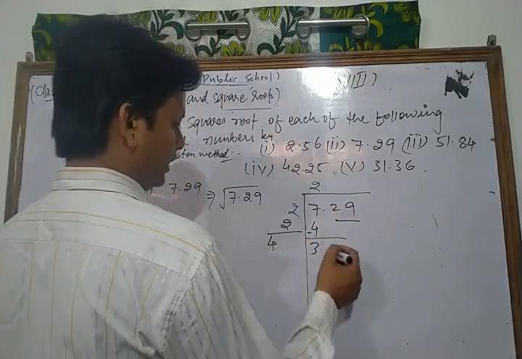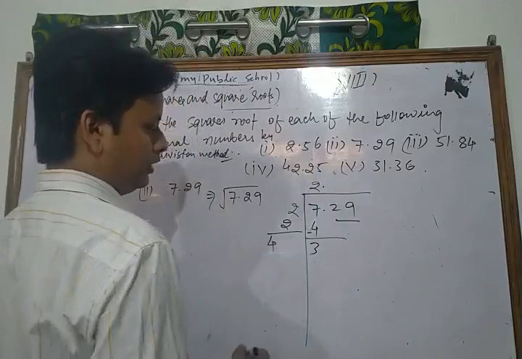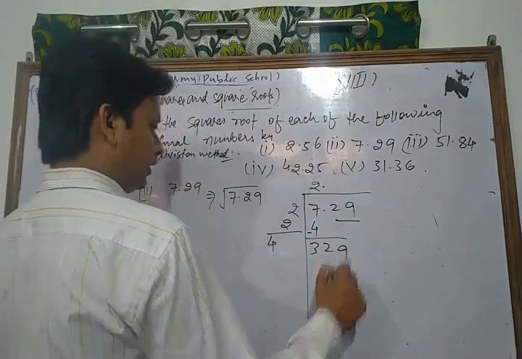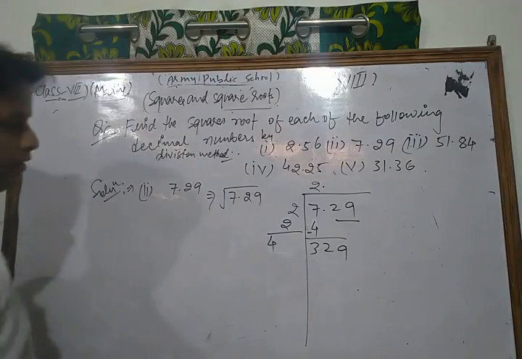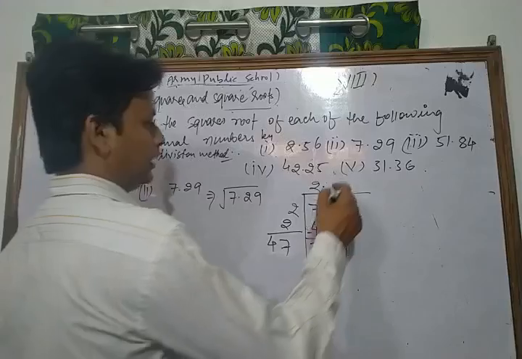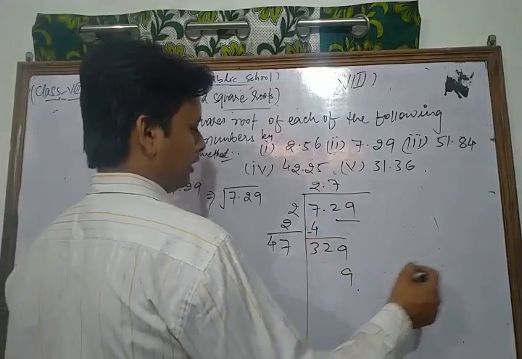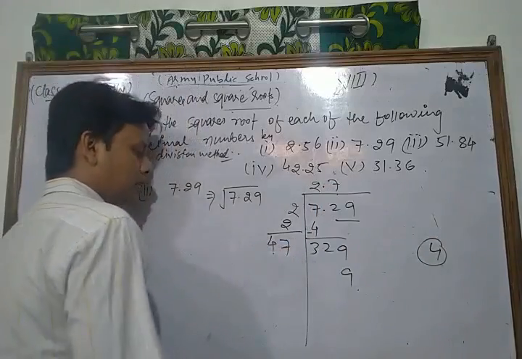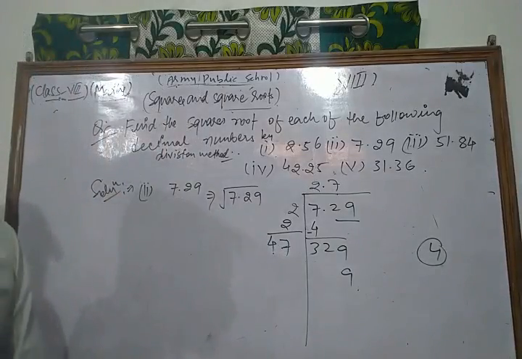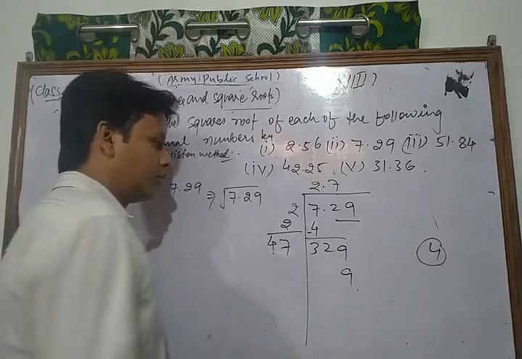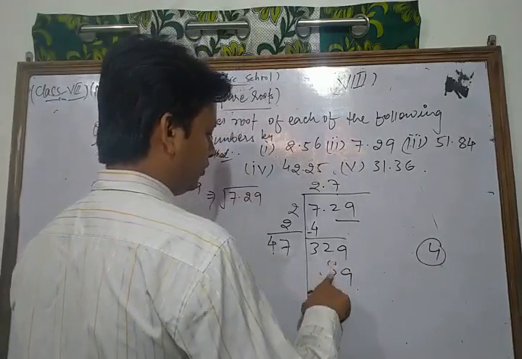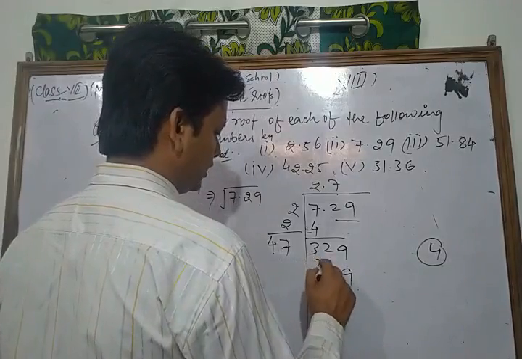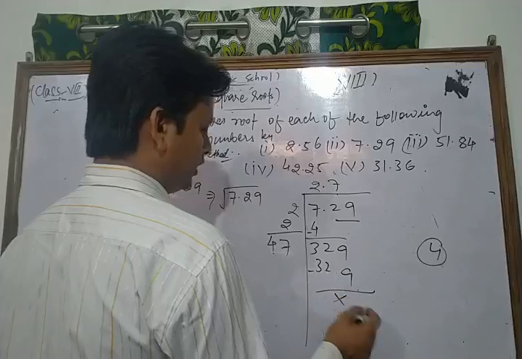Now we write 29, and before that we write the decimal here. Now how many times do we take? 7 times. Let's see, students, 7 sevens are 49, carry 4, 7 fours are 28, plus 4 is 32. Here we write 32. Now we subtract them, we get 0.